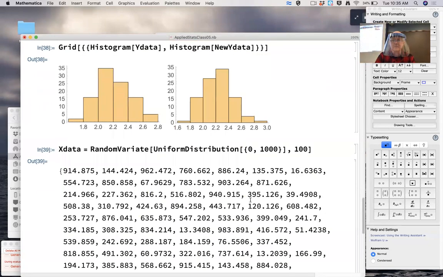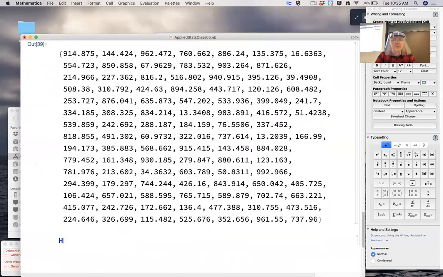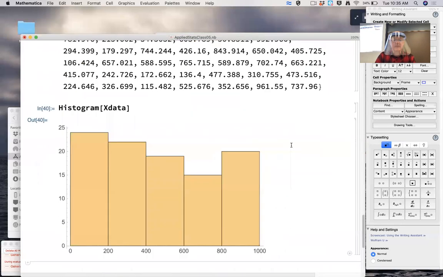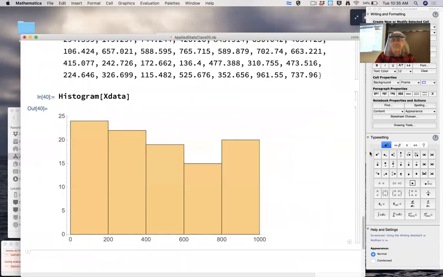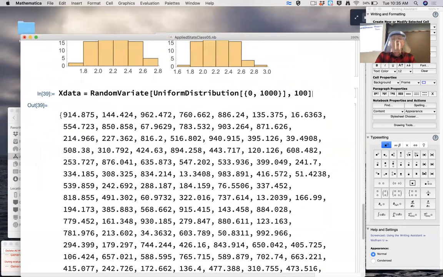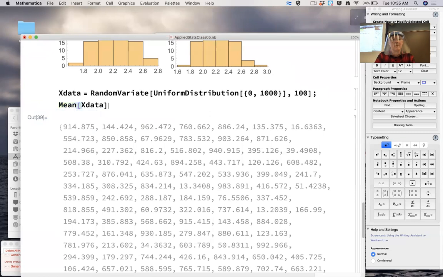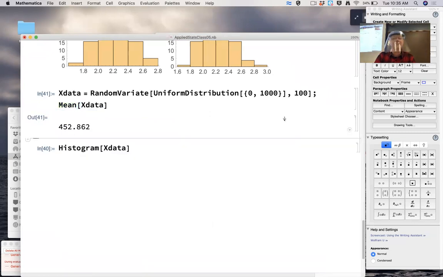Okay, it looks like it worked. So there's 100 x values that are uniformly distributed between 0 and 1,000. If you made a histogram of the x data, it should be fairly uniform, yeah. What's its mean? It should be close to 500. One that does get closer to 500. I'm going to do it until it's clearly close to 500.